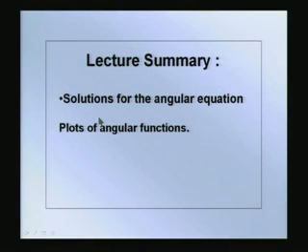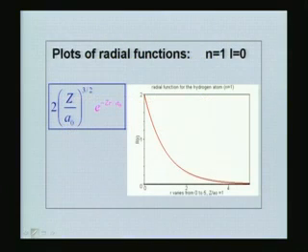Let me summarize this part on the angular function, and let me go back to the plots of the radial functions in a few minutes. Let us examine now the radial part of the hydrogen atom solutions. The radial functions were described for n as the principal quantum number.